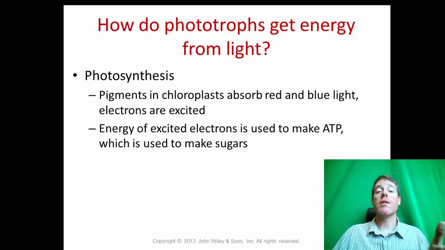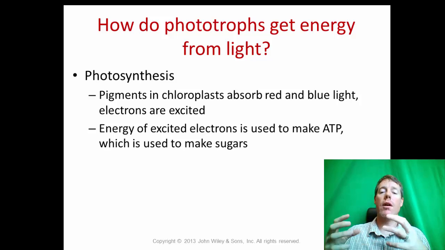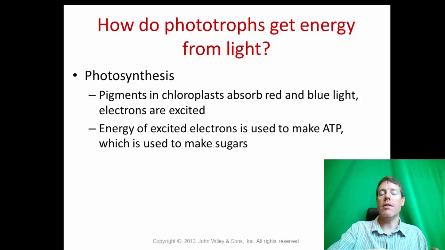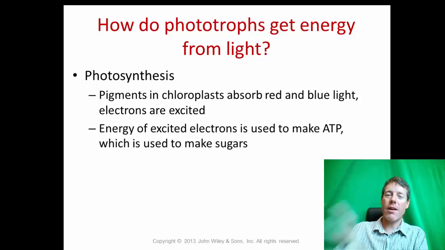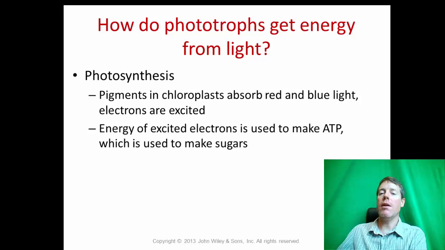The energy of these excited electrons is captured or harnessed and used to make ATP, which then can be used to make sugars, and sugars can be used to build structures, or they can be broken down to make ATP to power other chemical reactions. But ultimately, this is, in a nutshell, what photosynthesis does. Pigments capture the light energy, those excited electrons are used to make ATP, which is used to make sugars, and then sugars carry energy that can then be broken down to make more ATP elsewhere in a cell.